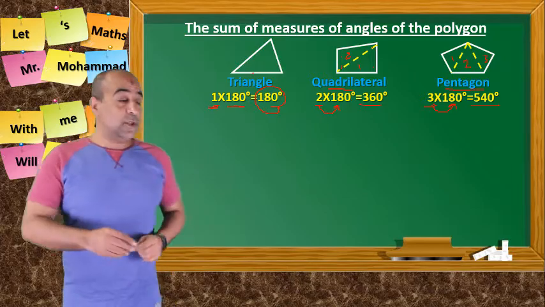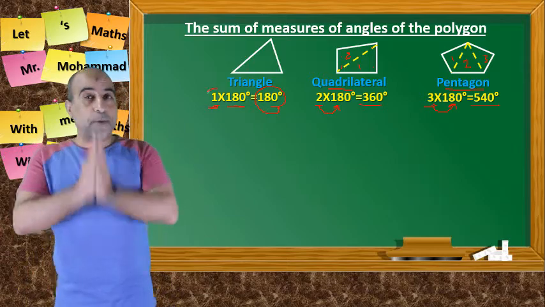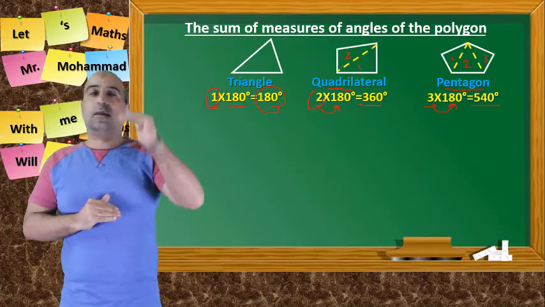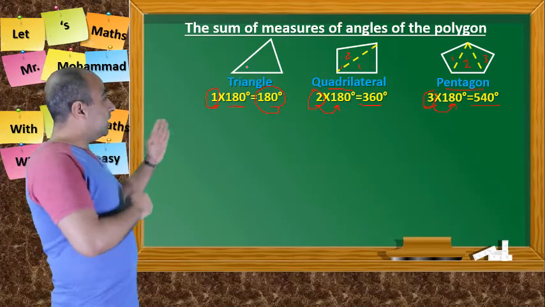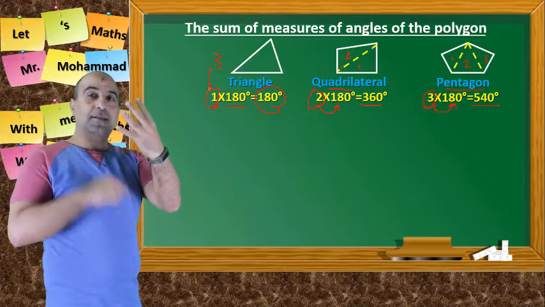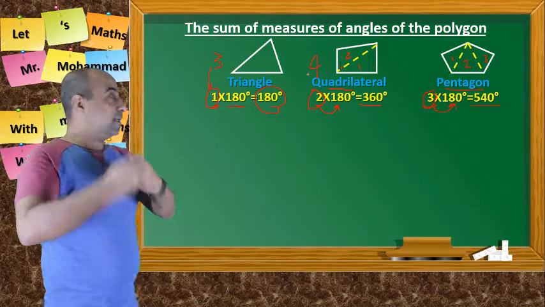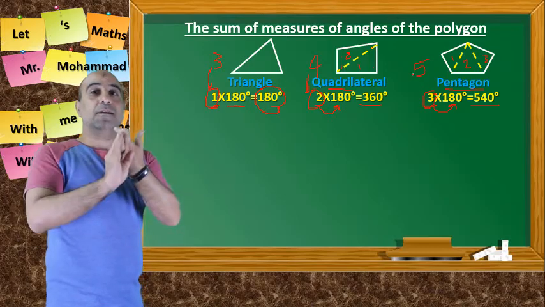If you notice, you will find that the number of triangles in the polygon is always less than the number of sides by 2. The triangle has 3 sides, one triangle. The quadrilateral, 4 sides, 2 triangles. The pentagon, 5 sides, 3 triangles.